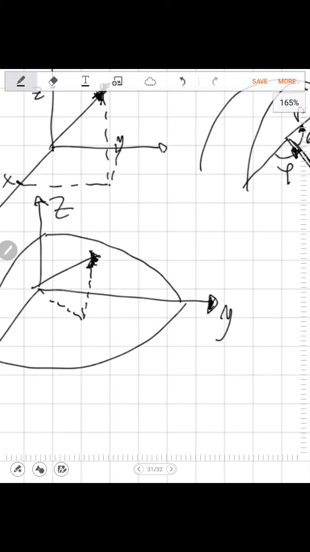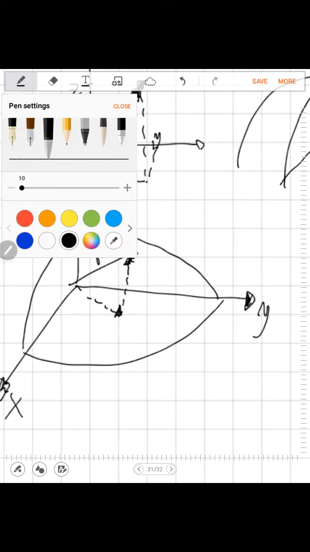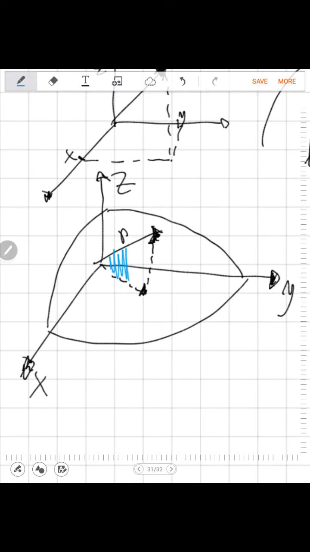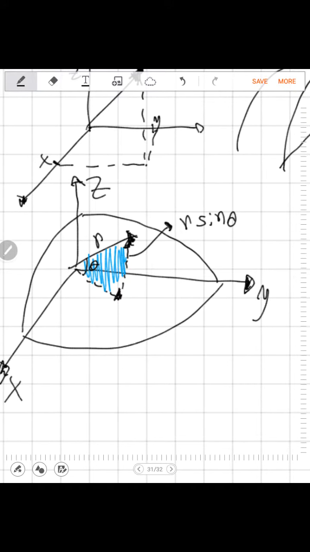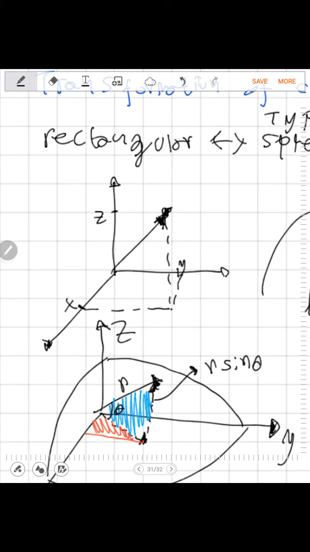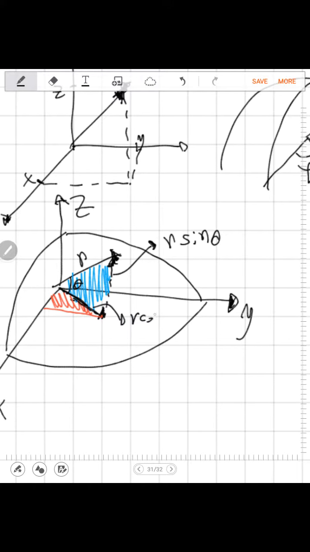So let's see that this is going to be r, and for that reason, in this triangle that I'm going to fill with blue, we are going to have that this distance, because it's a right triangle, is going to be r sine of theta, and this distance in this other right triangle that I'm going to fill with red is going to be this distance. This one is going to be r cosine of theta.